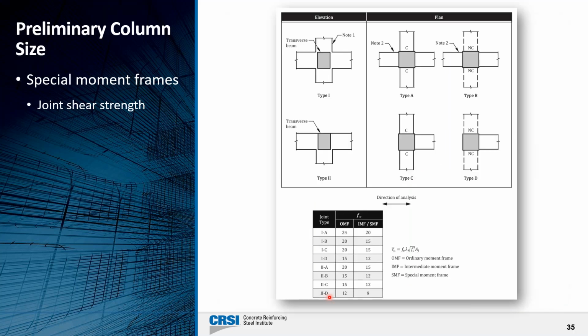So what we did is we took the basic joint shear strength equations for all the different cases where a column is continuous, where it's not continuous, where a beam is continuous and not, and if you have confinement in the perpendicular direction or not.